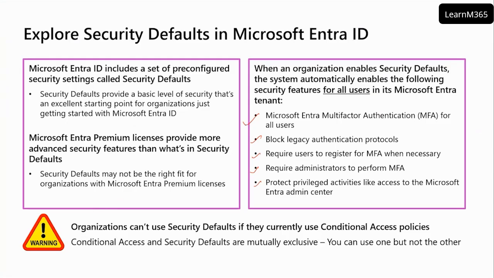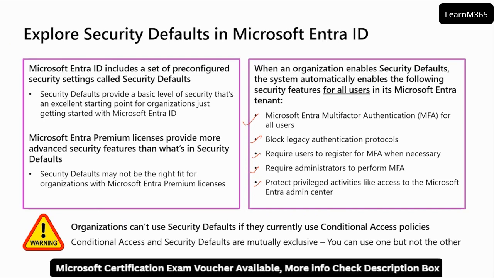One thing to notice about security defaults is that it does not work with conditional access policy. At one time, you can have either security defaults turned on or a conditional access policy turned on. You cannot use both of them together because these are mutually exclusive. So what should be the reason?